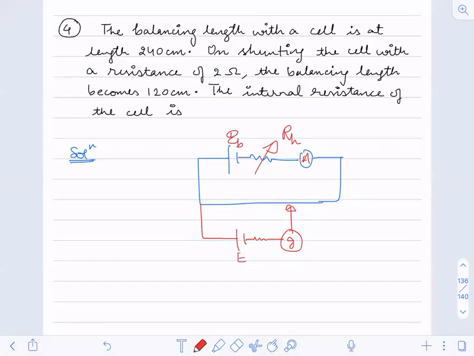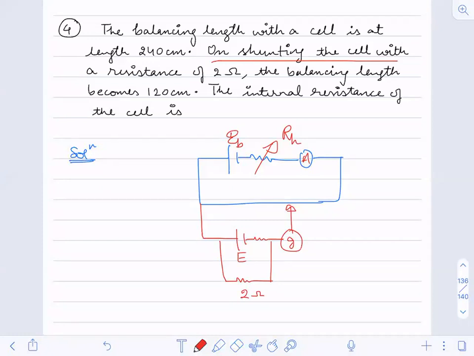Now, on shunting the cell, wherever you see shunting, that means you connect a resistor in parallel. On shunting the cell with a resistance of 2 ohms, the balancing length becomes 120.